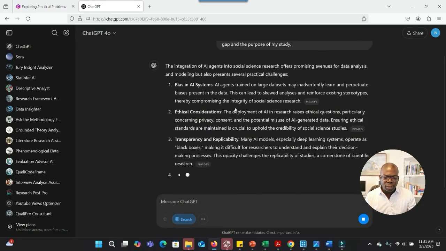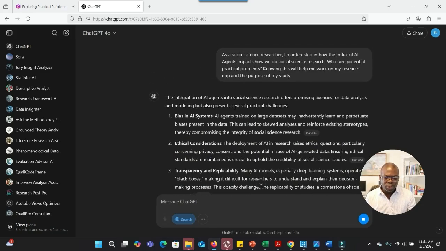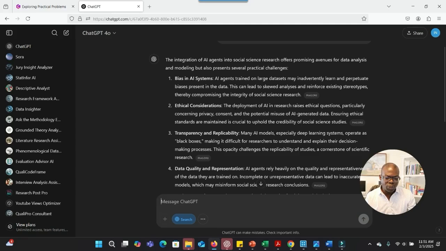So you can see that the system has suggested some problems that we can focus on, right? You just have to choose the one that you feel comfortable with or where you see the need to do research. One of the problems is bias in AI systems. So it's telling us that one of the practical problems is that AI is inherently biased because it's trained with information that has biased ideas in it.